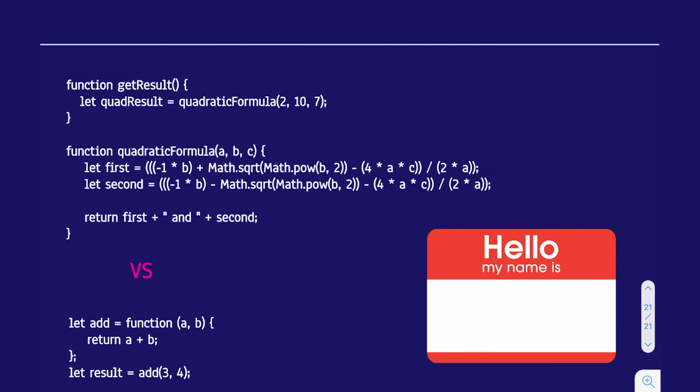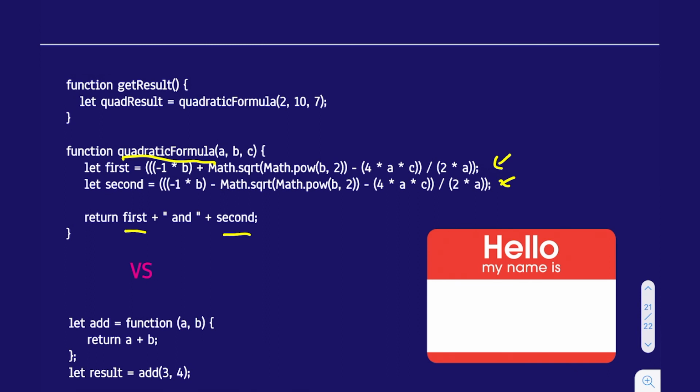I've got this quadratic formula function, and what you see is it spits out the first and second roots of the quadratic equation, and it's doing quite a lot of stuff, right? You could even split these up into more than one line of code, but it's really important that we name this.